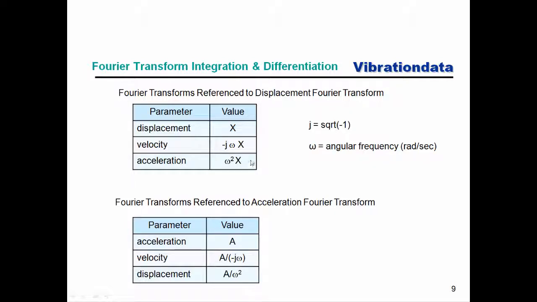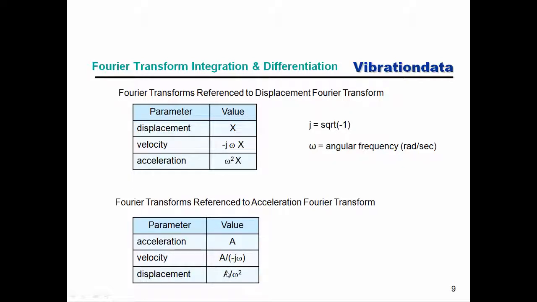Now we can take this table and reverse the rows and do a little bit of rearranging. Let's say we're starting off with an acceleration Fourier transform A, and we want to integrate to get the velocity. So if we integrate that, we have A divided by minus j omega, and that gives us our velocity Fourier transform.